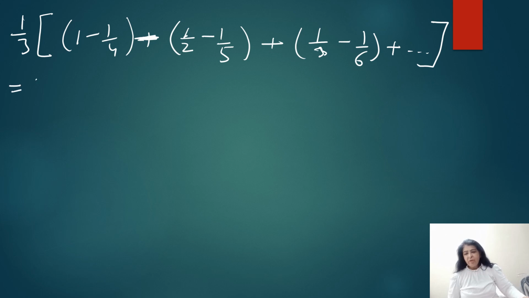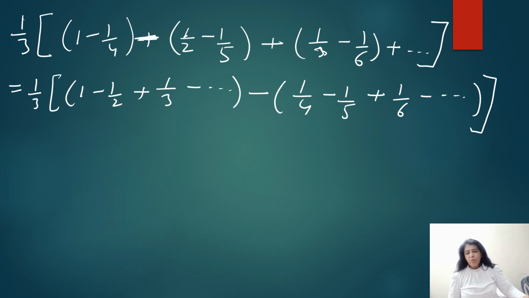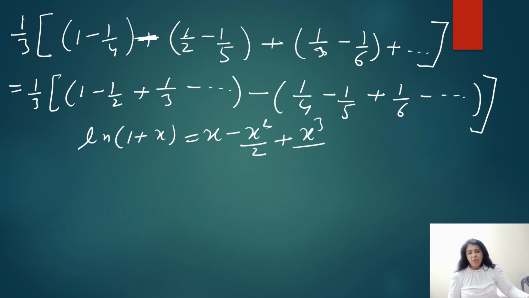So collecting the first, third and fifth terms, you will get 1 minus 1 by 2 plus 1 by 3 and so on, minus 1 by 4 minus 1 by 5 plus 1 by 6 and so on. Now ln(1 plus x) is equal to x minus x square by 2 plus x cube by 3 minus x4 by 4 and so on.